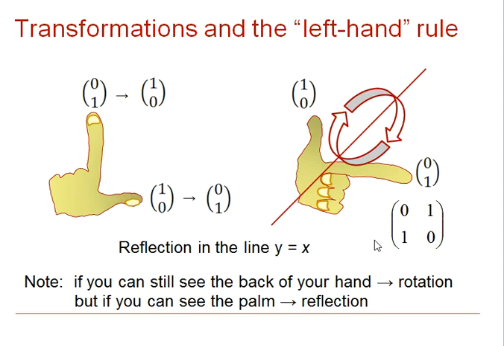This matrix obviously represents the reflection in the line y equals x. So in general, if you can still see the back of your hand when you use it to demonstrate the transformation, then it is a rotation. But if you can see the palm, it is a reflection.